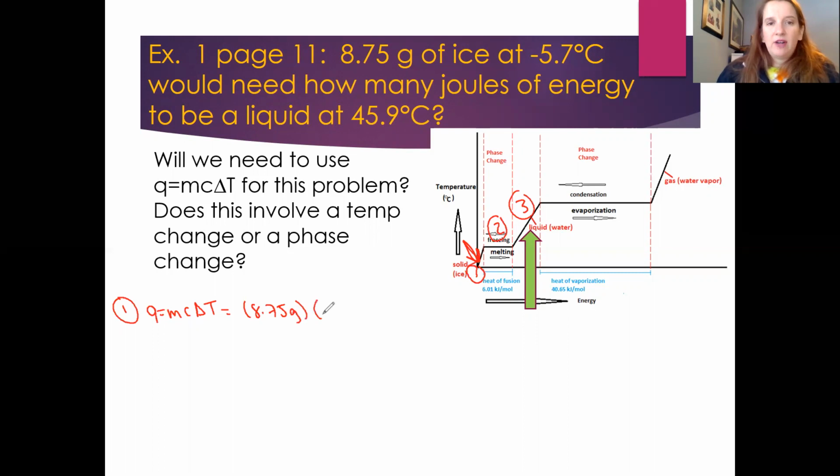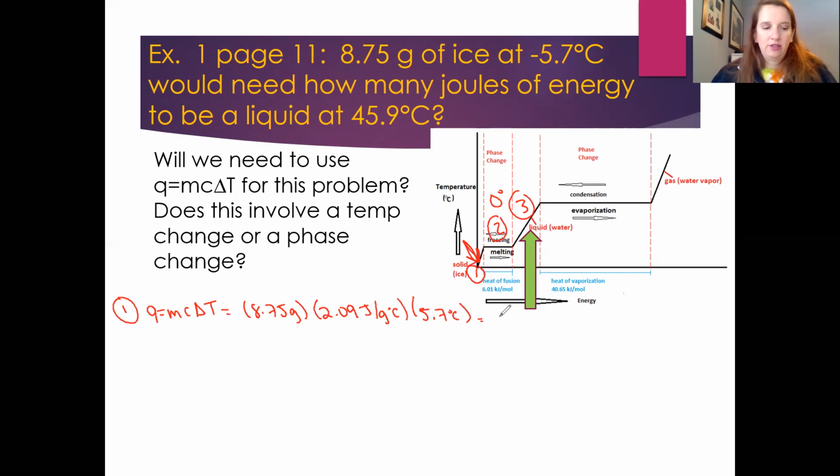The specific heat of ice is 2.09 joules per gram degree Celsius. And what's the temperature change when it's ice? Here it's going to change into liquid at 0 degrees, so it's ice for 5.7 degrees Celsius. So we multiply 8.75 times 2.09 times 5.7, so it's going to be 104.23875. Remember, we're not going to do sig figs until the very end.